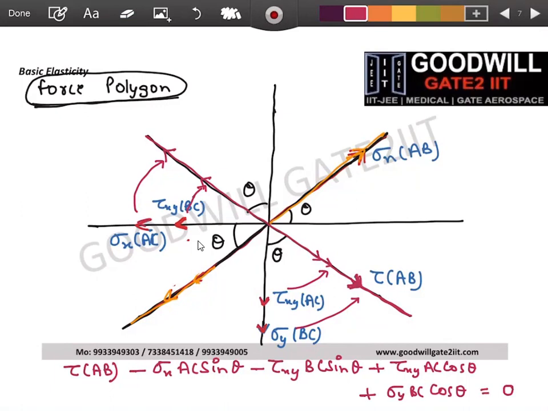Then only my body will be in equilibrium. So same four stresses but they are resolved with different cos and sine components now, with our corresponding plus and minus signs. I'll repeat exactly the same process. I'll keep tau on this side, send all the terms to the right hand side and divide it with AB.